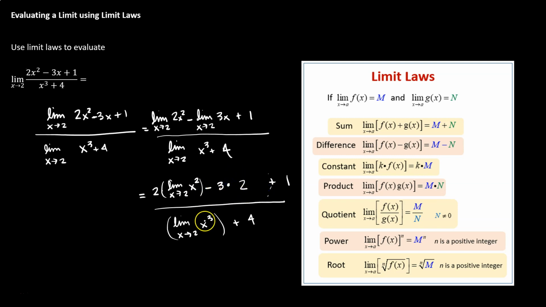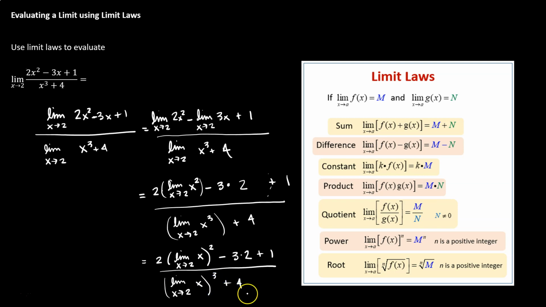The other two limits that are left on the screen have exponents, so I'm going to need to apply one more limit law before I can replace those with their values, and that's the power rule. So I'm going to take the power to the outside of the parentheses. Now that I've applied the power rule, I can see that what's inside of the parentheses in the numerator is one of our basic limit laws.